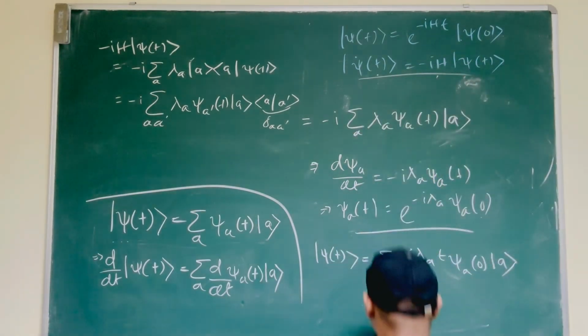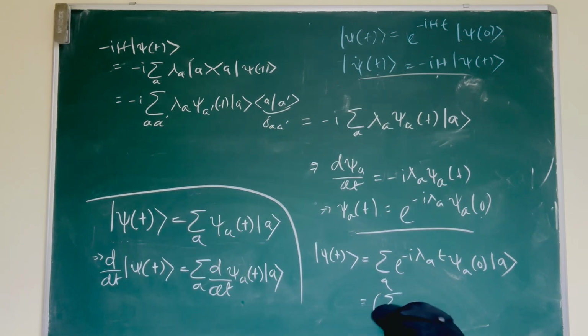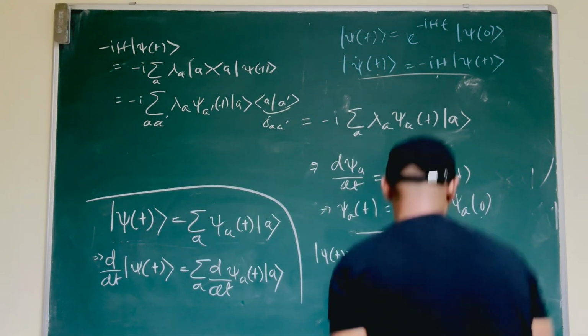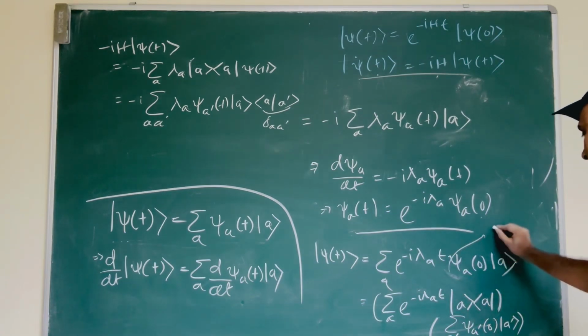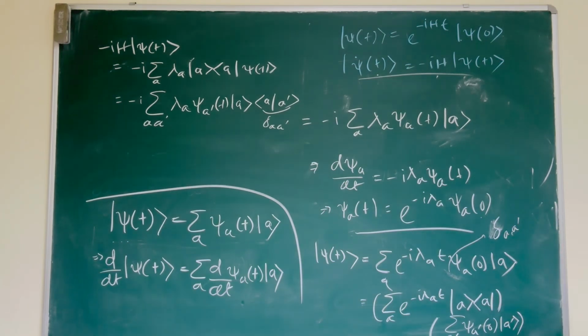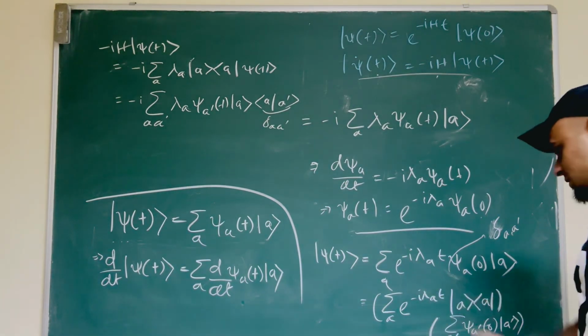So this will be e to the power minus i lambda A t |A>, times the summation over A prime of psi A prime of 0 |A prime>. What we did is we introduced a delta of A comma A prime here, and we divided this summation into two parts.